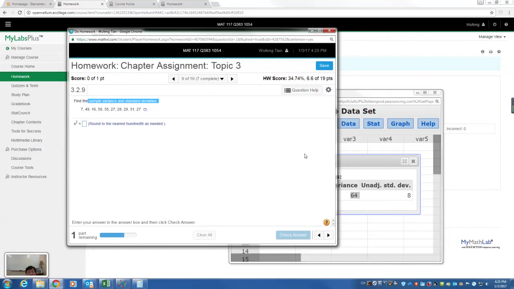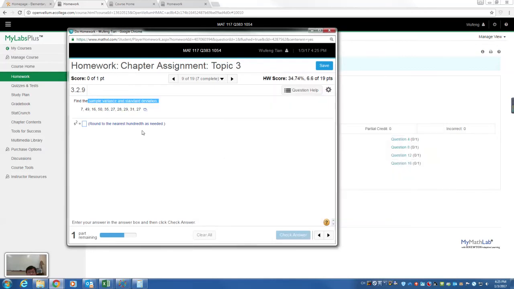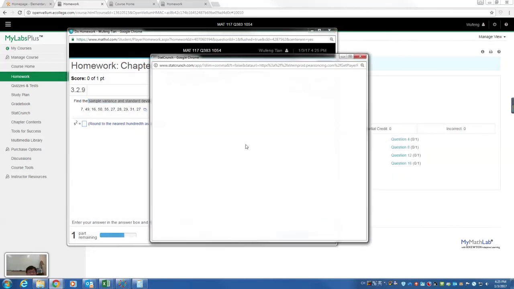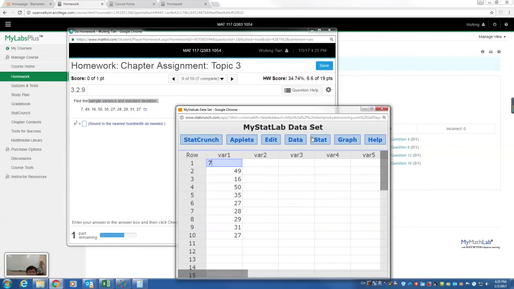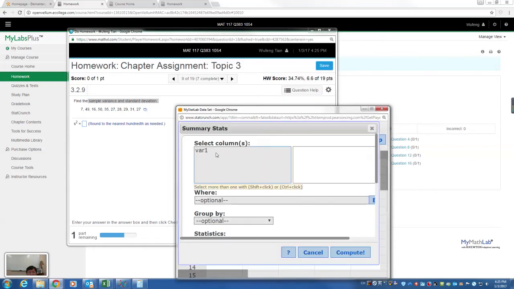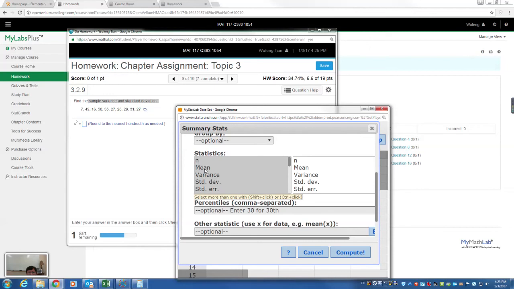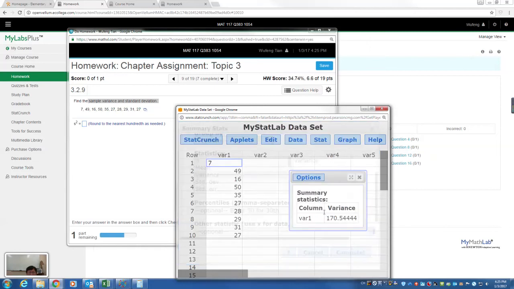Okay, this is a sample variance. So if it's a sample variance, what do you do? Open StatCrunch, summary stats, columns, variance, variable 1. Sample variance is just the regular variance. Just click variance, compute. You have the variance like this, to 2 decimals.